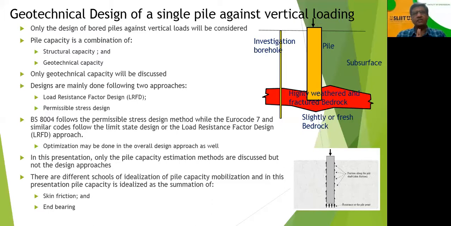Here we will stick to the skin friction and bearing capacities of the piles and determine how we can determine the skin friction in the piles for soils, and then skin friction in the rocks, and then end bearing in soils and end bearing in rocks. So that is our discussion.